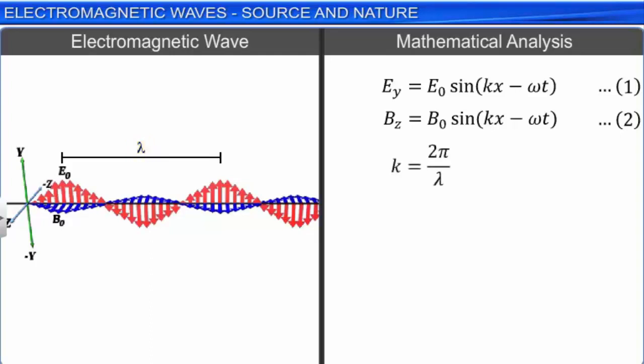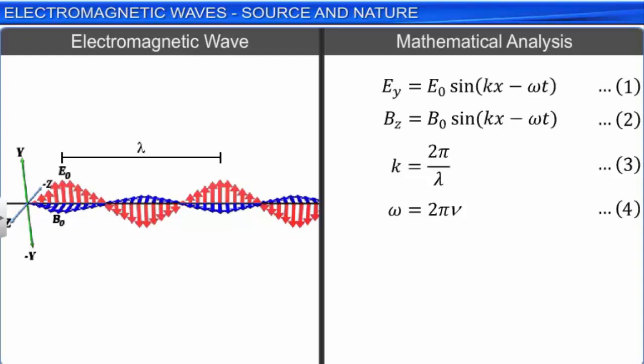Omega is the angular frequency. It is related to the frequency of the wave by the equation ω = 2πν. Let this be equation 4. On substituting equations 1 and 2 in Maxwell's equations for electric field and magnetic field, we get a relation between omega and k as ω = kc.